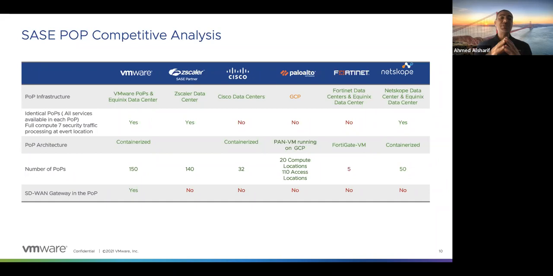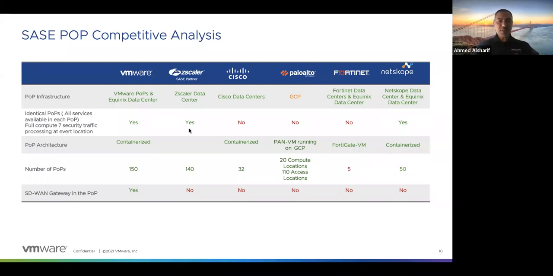Some companies and some countries are actually mandating that if you provide security services for people within that country, they stay local within the country. That's extremely important to invest more in these SASE POPs. VMware is investing a lot in these POPs because they were SD-WAN POPs, and we are just converting them and adding to them, and our service providers will add more of these POPs.